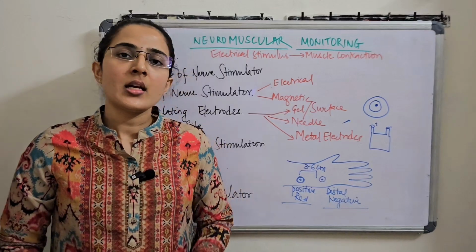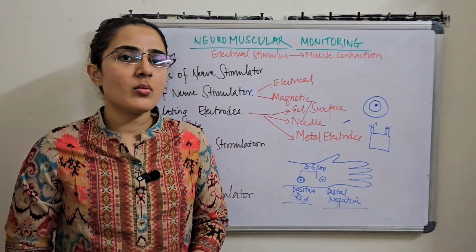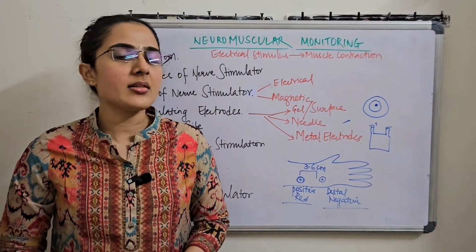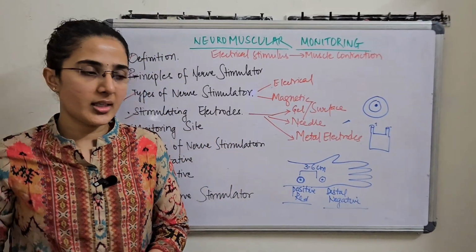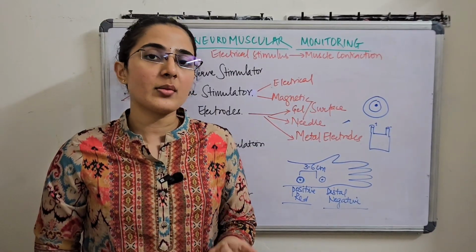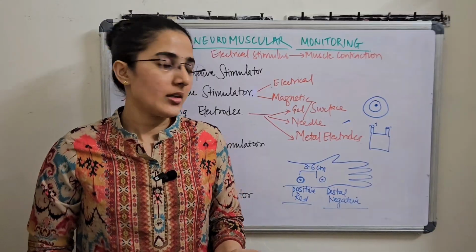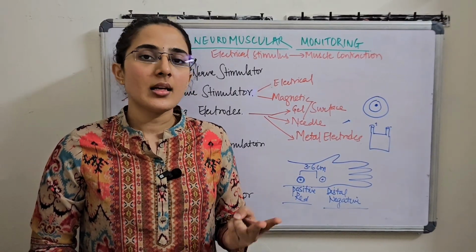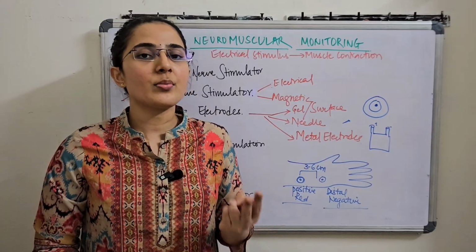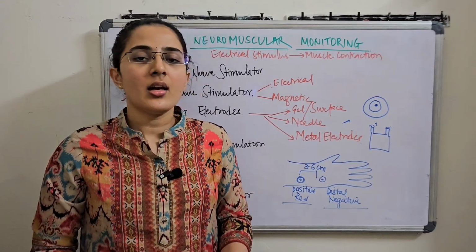Okay, right. So next we will see the ideal site we choose for neuromuscular monitoring. First, it should be away from the surgical field. Second, it should be visible, as well as tactile motion should be visible to the anesthetist.